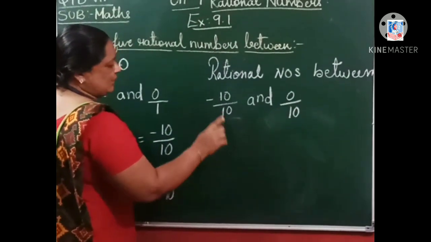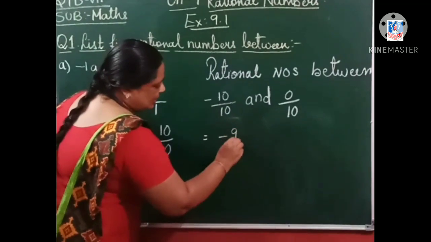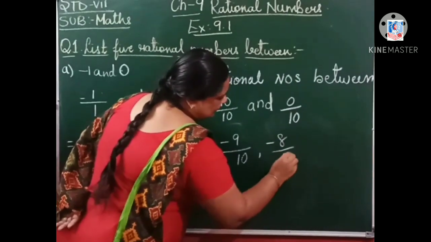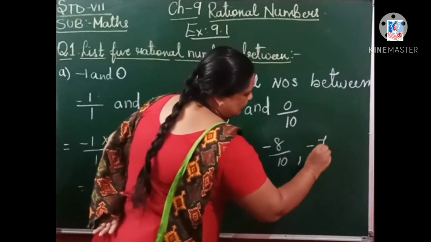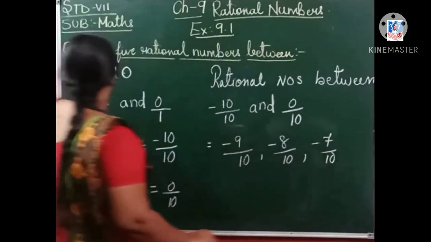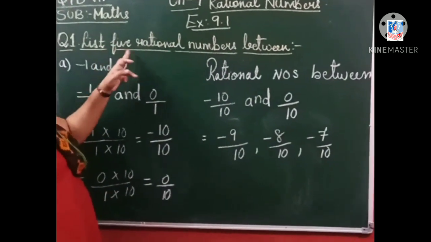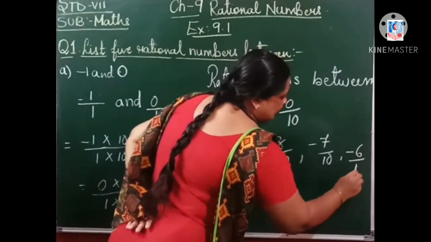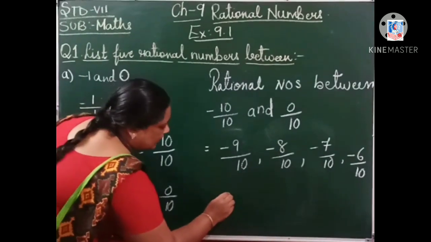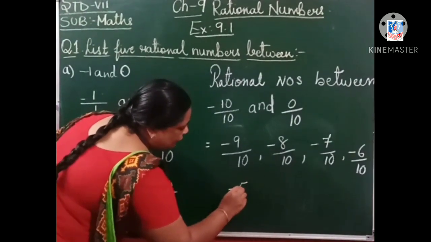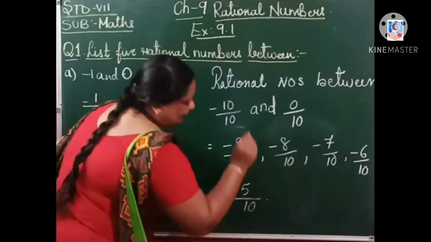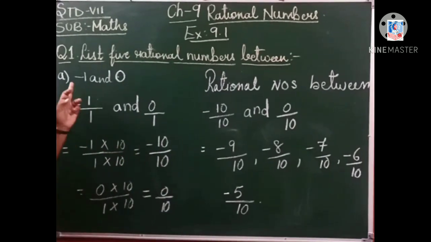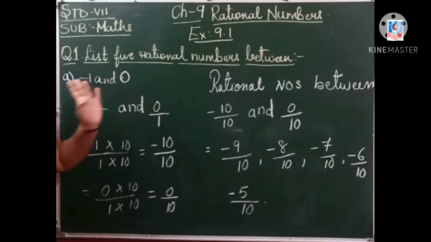So, you know which are they? -9 by 10, -8 by 10, -7 by 10. Now here it is given list 5 rational numbers, so we will write 5. Next is -6 by 10 and -5 by 10. Understood? These are the 5 rational numbers between -1 and 0.